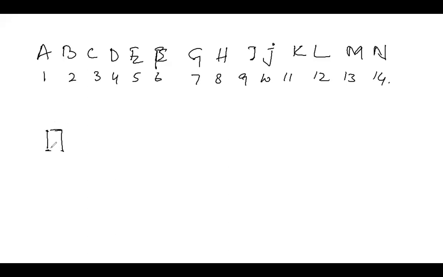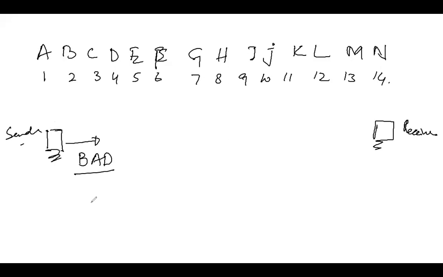So this is a sender node, and here is the receiver node. The sender node wants to send, for example, the word BED to the receiver node. If we look at this, the BED is actually in digital form. It will be B for 2, A for 1, and D for 4.